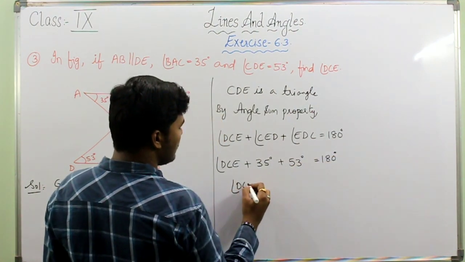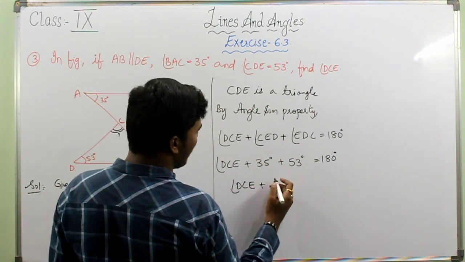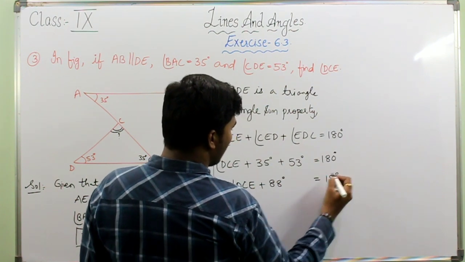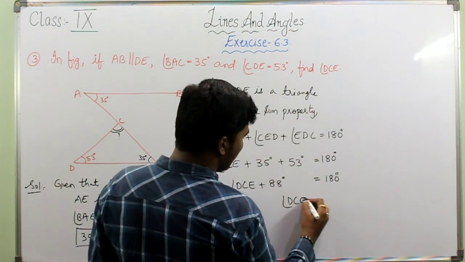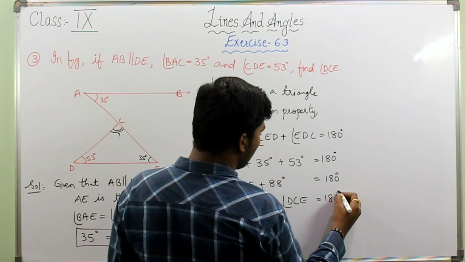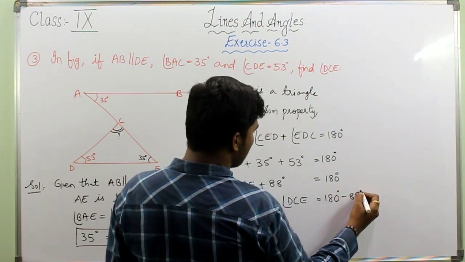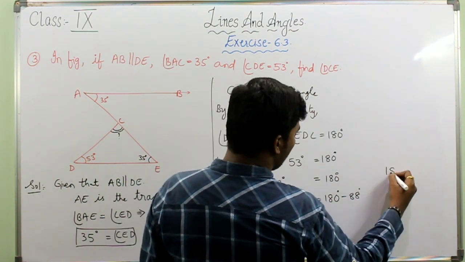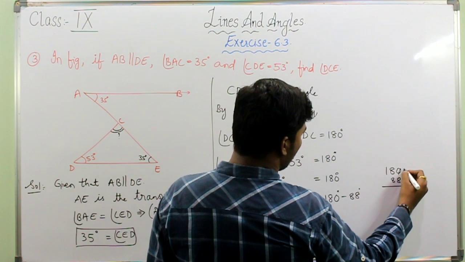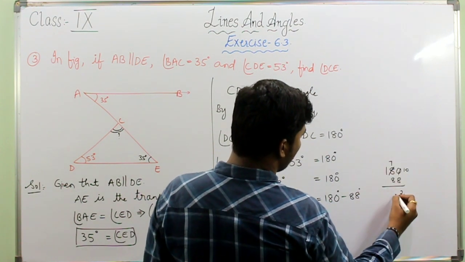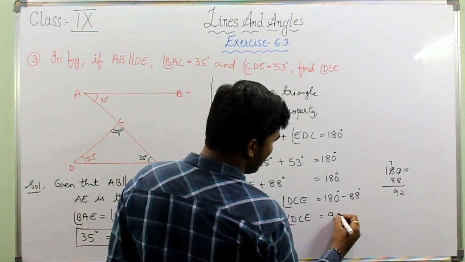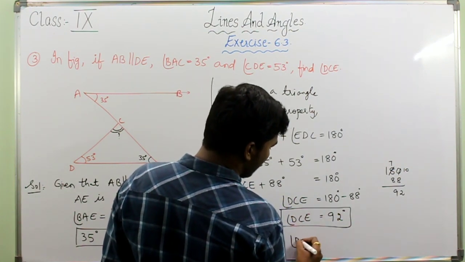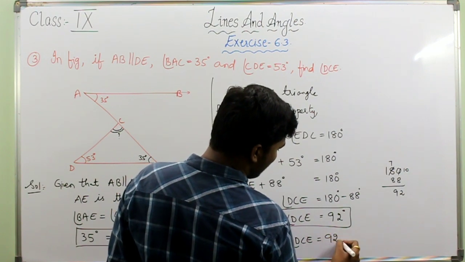So DCE plus 35 plus 53, if you add, it will become 88 degrees, which is equal to 180 degrees. So DCE will be 180 degrees minus 88 degrees, which is 92 degrees. So therefore DCE angle is 92 degrees.